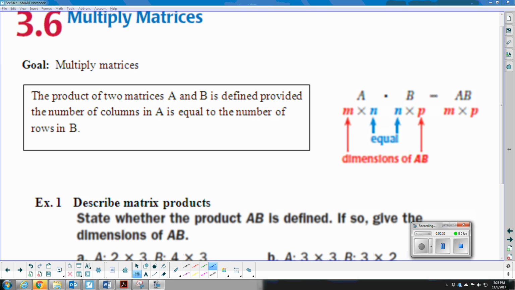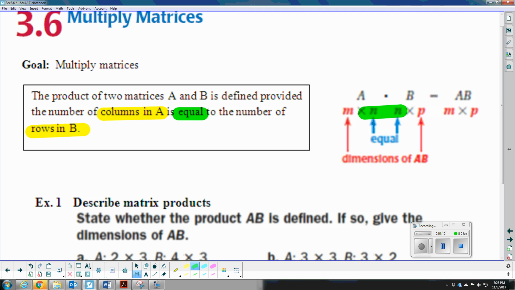But with multiplying matrices, you don't have to have the exact same dimensions, but with matrices A and B, the columns in A have to equal the rows in B. So if you look over here to the figure to the right on your note sheet, we still are identifying the dimensions of a matrix as m by n.